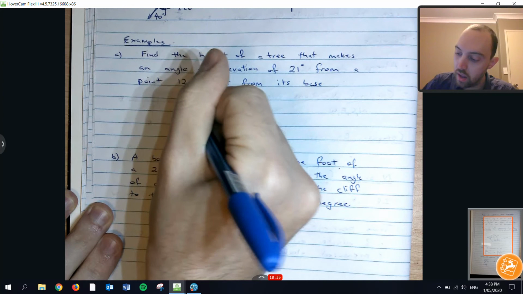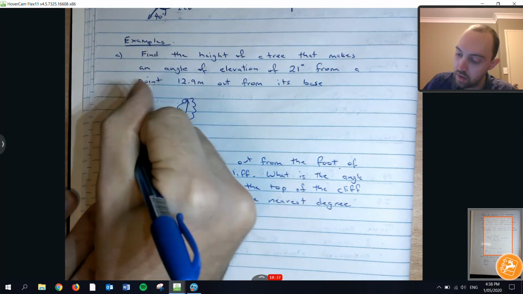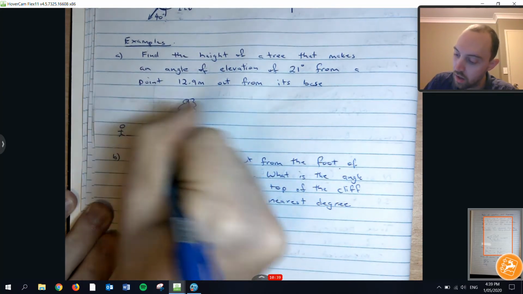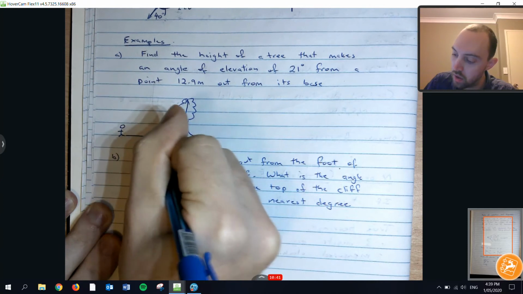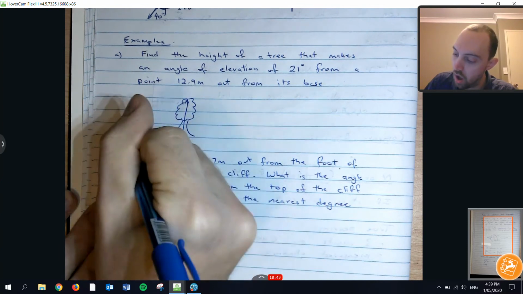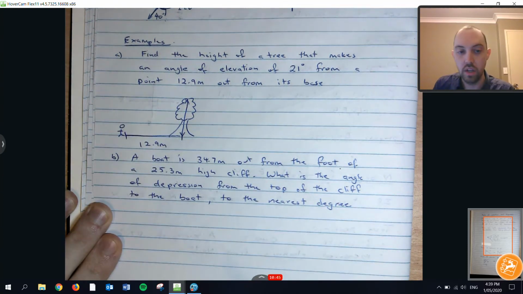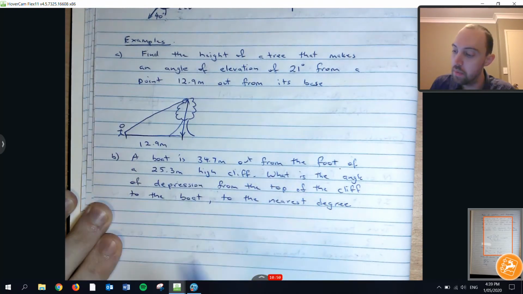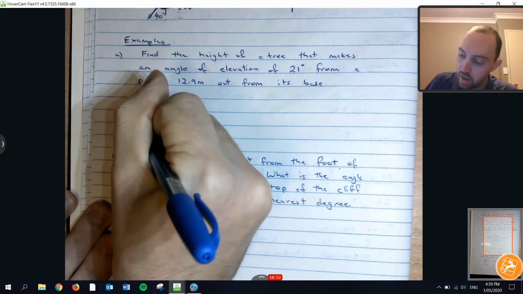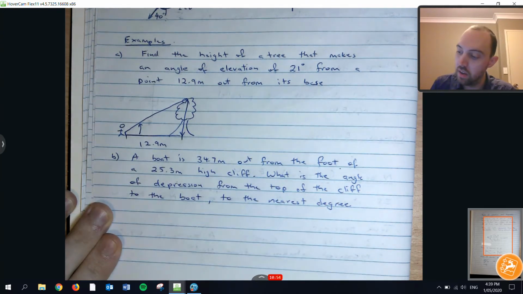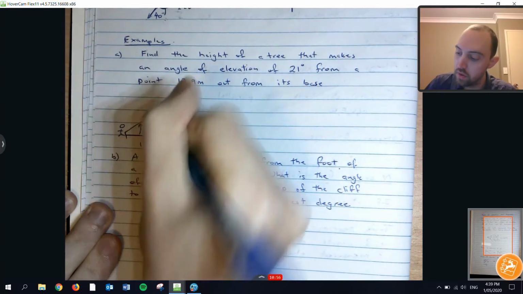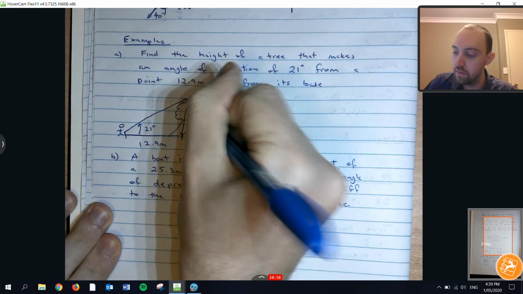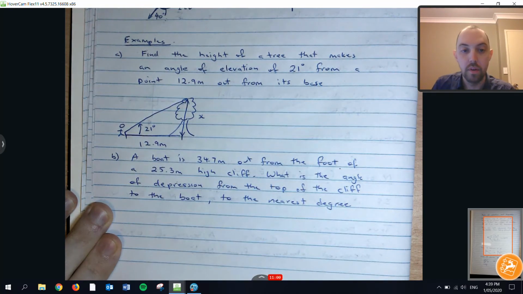Okay, and I've got some person that is 12.9 meters away from the base of the tree, and he's looking up to the top, which creates an angle of elevation of 21 degrees. And we're trying to find that part there.